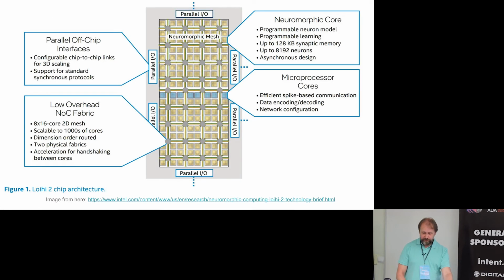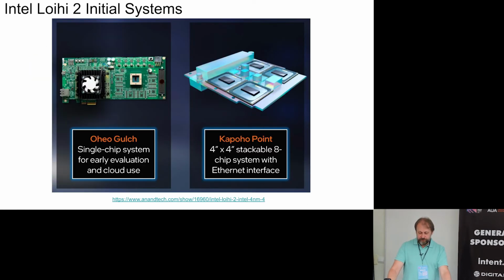The chip is interesting. The architecture is very interesting. It's completely different from our common hardware. Intel started building some systems on a chip, one single chip system for research or several chip systems for research, but maybe for some more heavy uses.